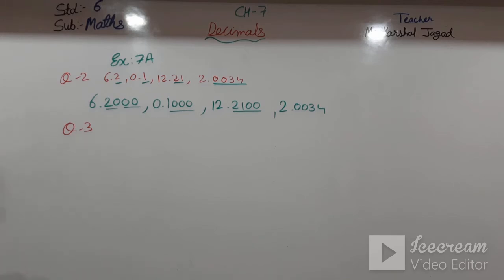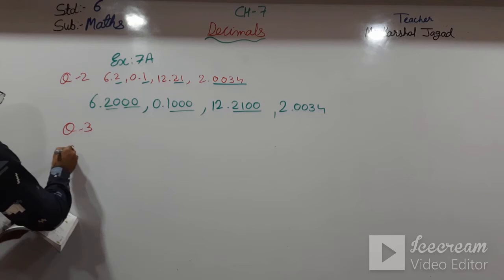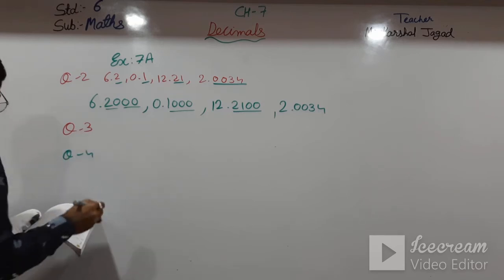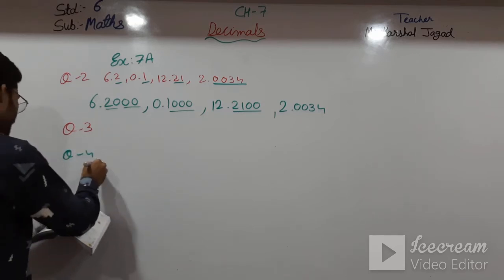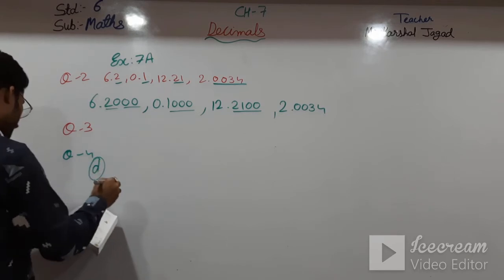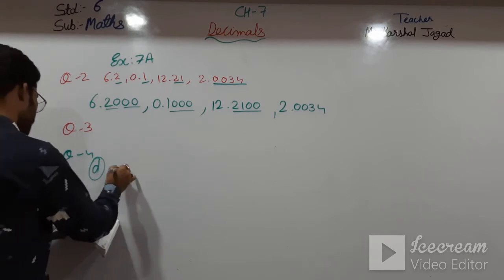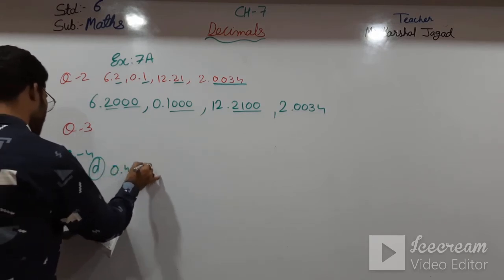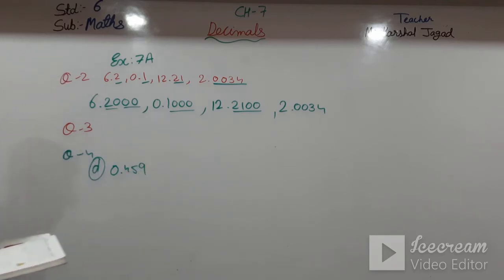Now question number 4: expand the number and write in words. From that I am just doing B, the rest you have to do on your own. It is 0.459. First we have to expand it, and after that write it in words.